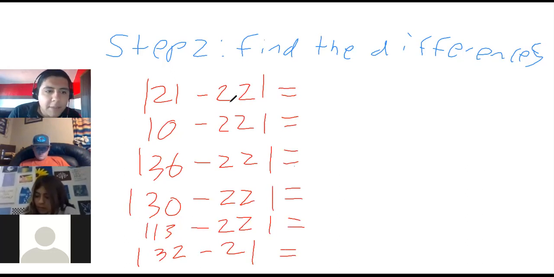So let's start finding the differences there. Okay. What is 21 minus 22? 1. It'd be, more specifically, a negative 1. But yes, that's correct. What about 0 minus 22? So what is our 0 minus 22?